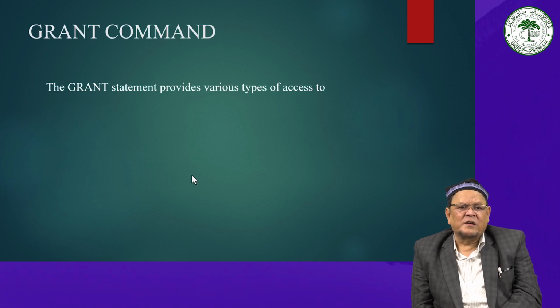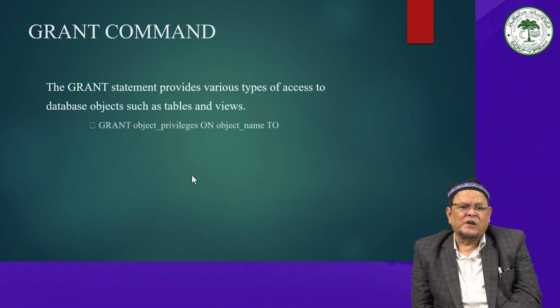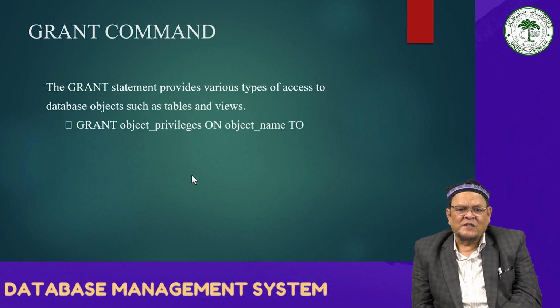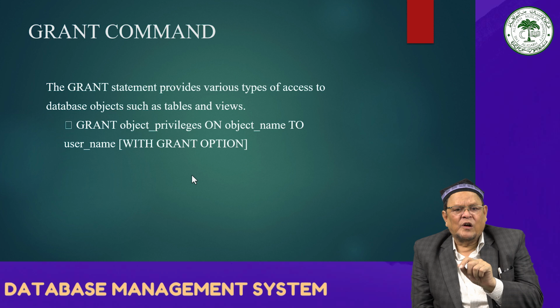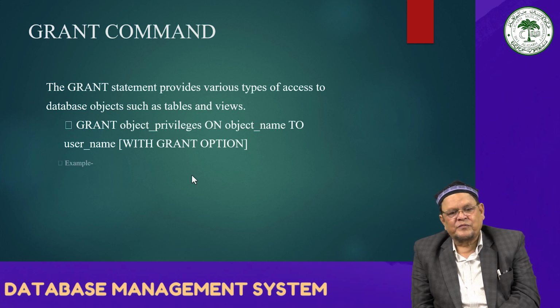The grant command is to provide various types of access to database objects such as tables or views. How you write: grant object_privilege on object name to user name, and within parentheses you may write the optional with grant option.